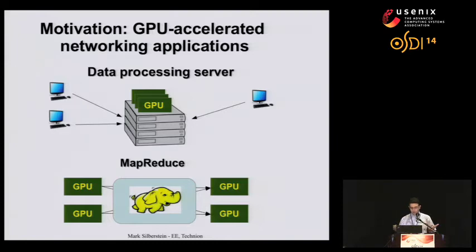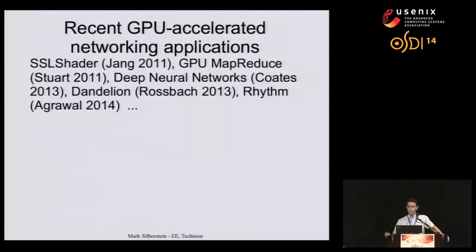So if you think about GPUs, they have been around for quite a while, and people have used them to implement parallel application acceleration pretty widely. So it is just natural to use them for acceleration of networking applications like data processing servers or MapReduce frameworks. And as a matter of fact, this idea has been around for a while.